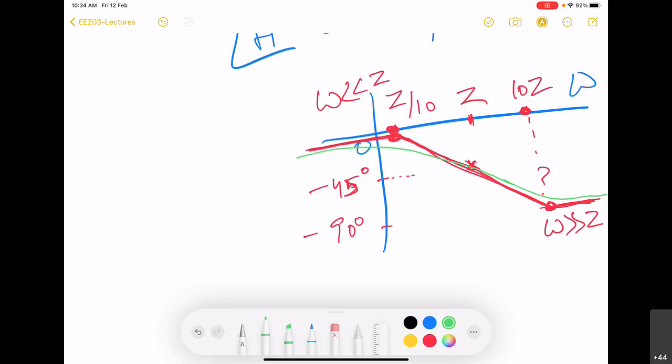The approximate one will match with the exact value at this location of the zero, and in the very small frequency region and very large frequency region. So this is the phase plot for a zero not at origin.